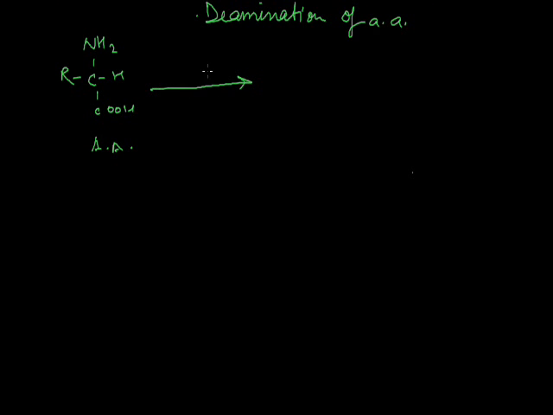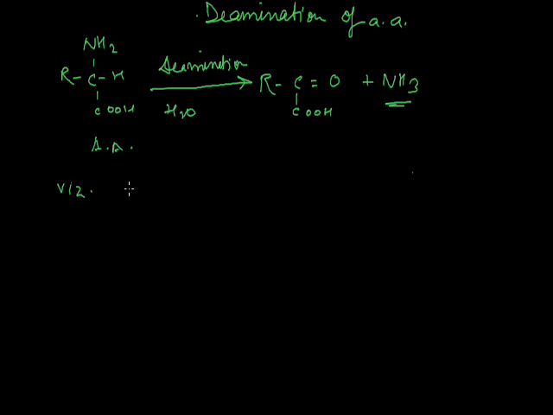Amino acid after deamination and in the presence of oxygen is converted into keto acid, and ammonia is liberated as a waste material. Examples of ammonia excreting animals are amphibians, reptiles and fishes.